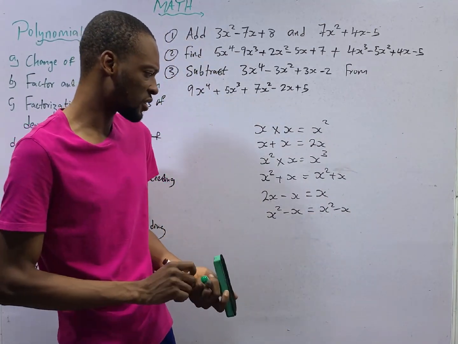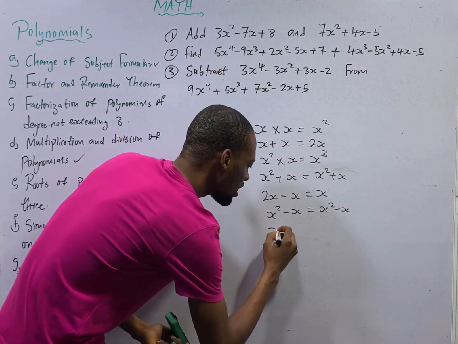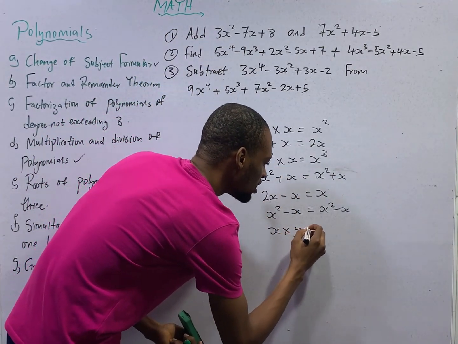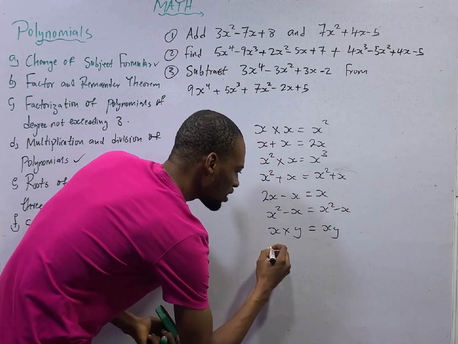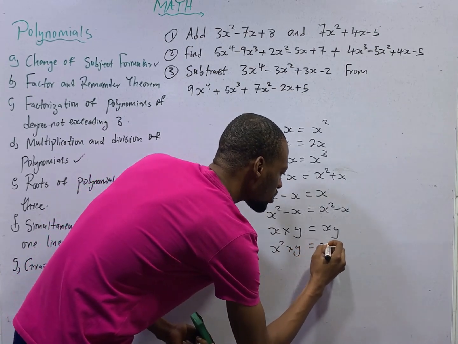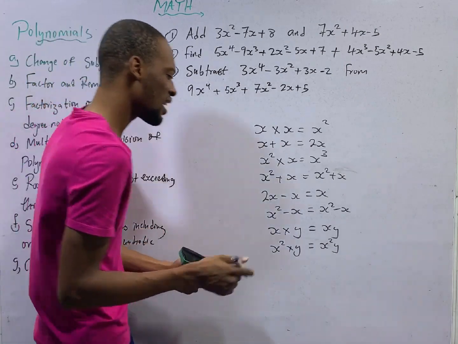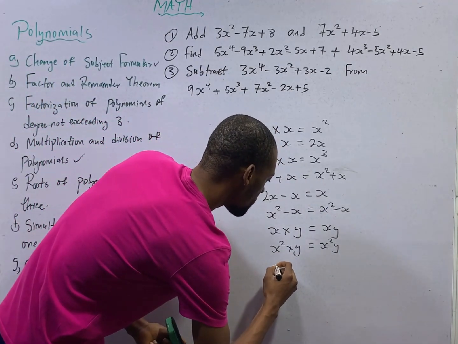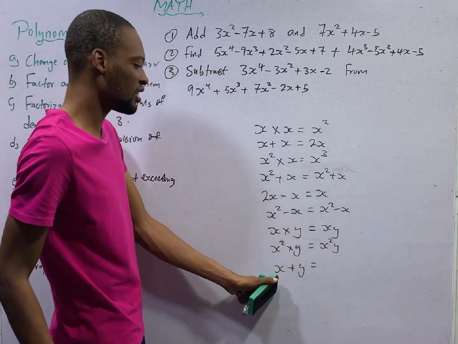Now look at something else. If I say s times y, this is equal to sy. If I say s squared times y, this is equal to s squared y. However, if I say s plus y, you cannot say this is sy.